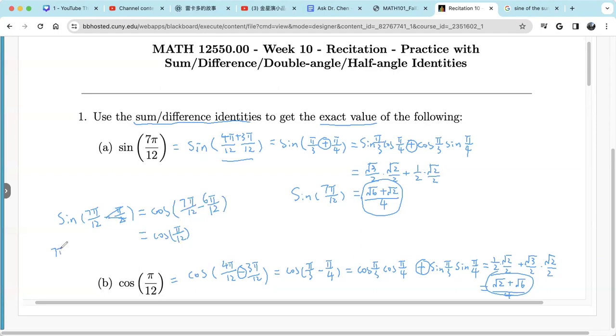Because 7 pi over 12 plus pi over 12, no, I should do minus, right? And those two, the complementary angles, is 6 pi over 12. So that's why those two functions have the same value, right?